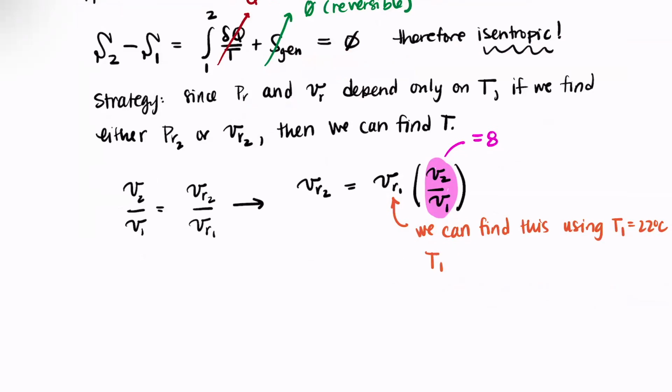So T1 is equal to 22 C plus 273, and this will give us Kelvin. So we have 295 Kelvin, right?